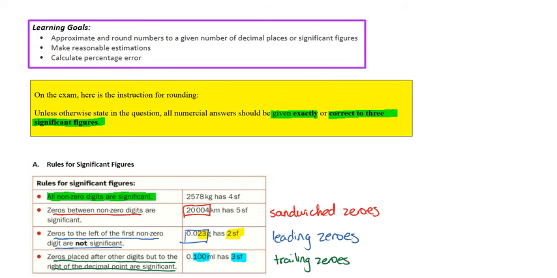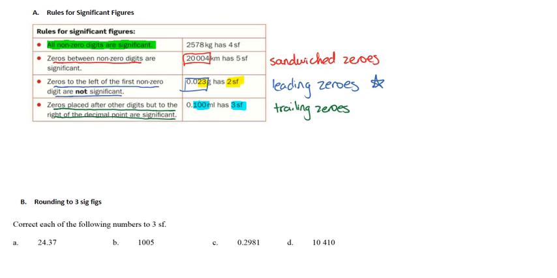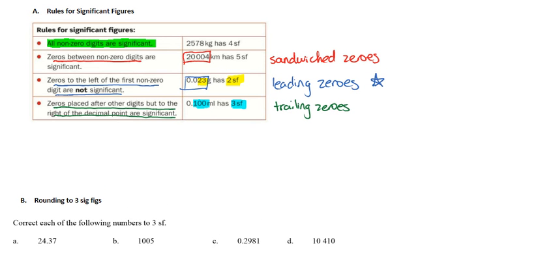So basically, everything is considered a significant figure except your leading zeros. When you're rounding, it's really important you're aware of these rules in order to be accurate about what you're doing. So let's try some examples, and we'll keep these rules in mind.